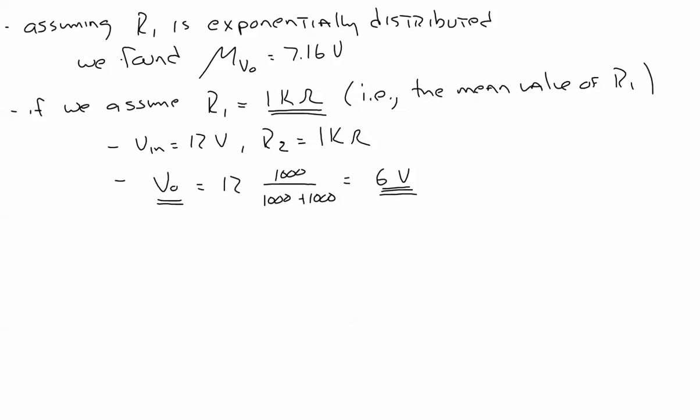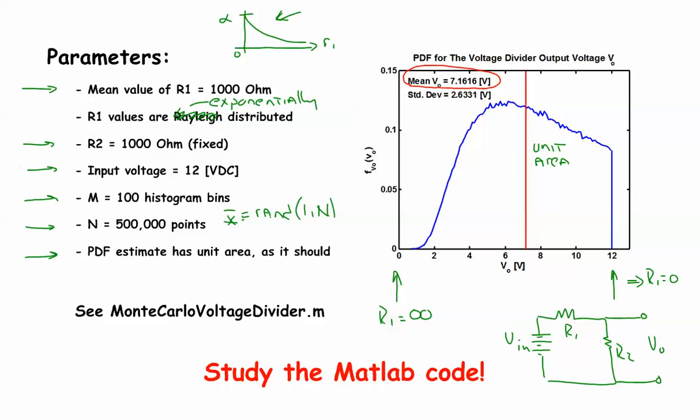I also claim to you that the shape of that probability density function is not something I could ever anticipate. It doesn't behave according to any probability density function formula that I've given you so far this semester. It is indeed a true probability density function. It's got unit area, behaves just like we would expect it to behave, but it's not something we would expect.